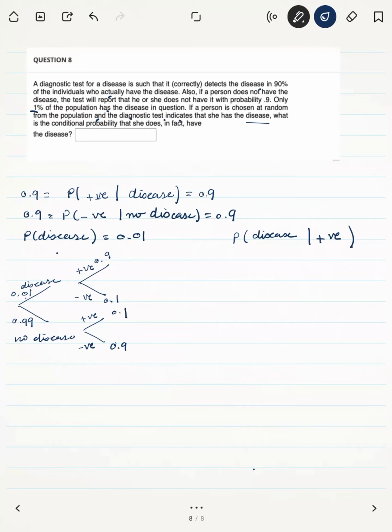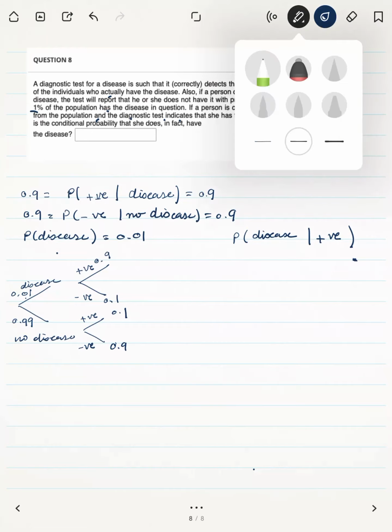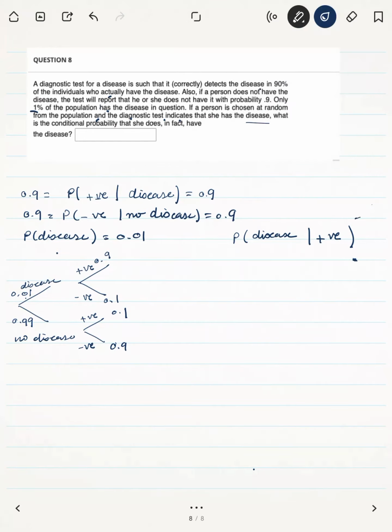Okay? So now the question is asking for this probability. So it's a conditional probability.